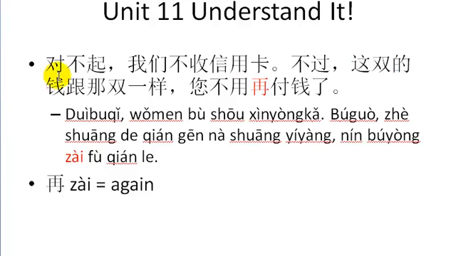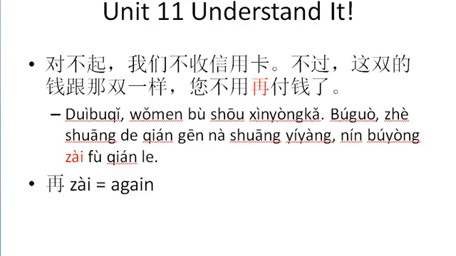这双的钱, so here's the key word here. 钱, which means money. Okay. 这双的钱跟那双一样，您不用再付钱了。Okay. So 再 means again. Okay, so 您不用再付钱了, so you don't have to do something again.